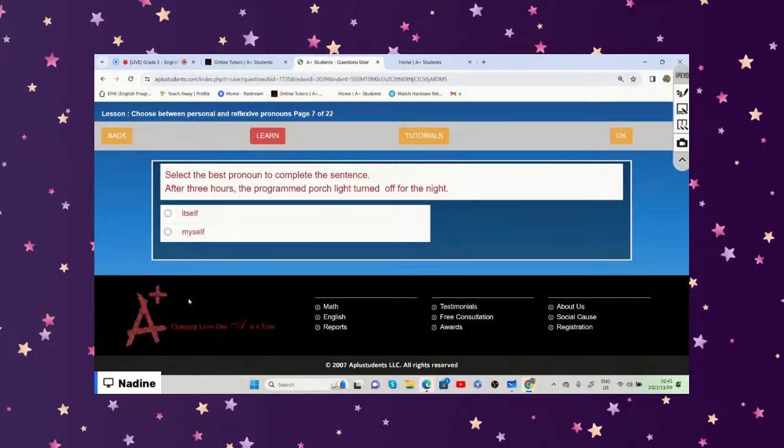And then after 3 hours, the programmed porch light turned. Do we say itself off for the night or myself off for the night? So after 3 hours, the programmed porch light. The porch light is a thing, right?